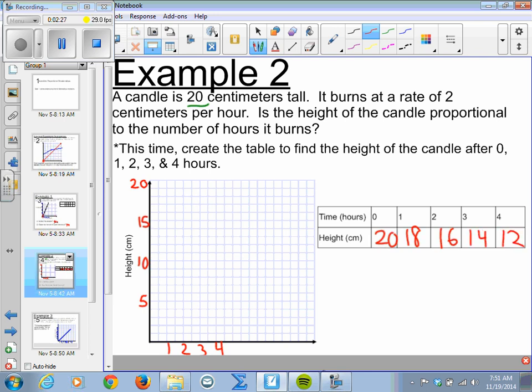We plot those points now that our table is drawn. So 0 and 20. We've got 1 and 18, 2 and 16, 3 and 14, 4 and 12, which should be right here. So I'm a little bit off of my drawing. So what we're going to do is take a straight edge and connect the dots.